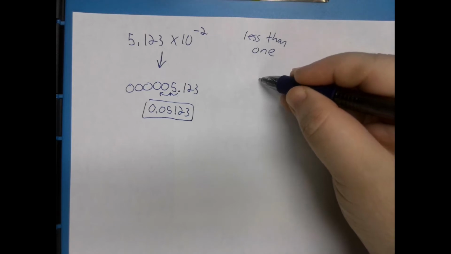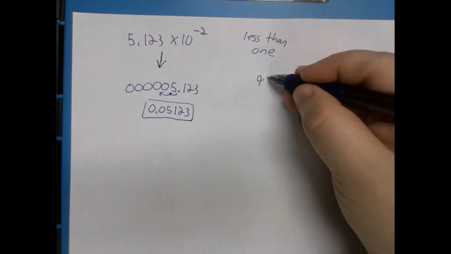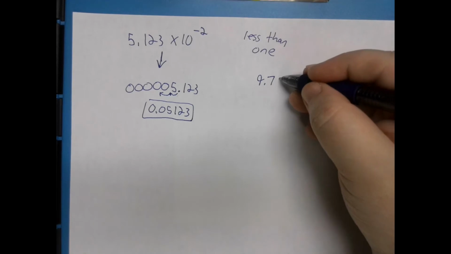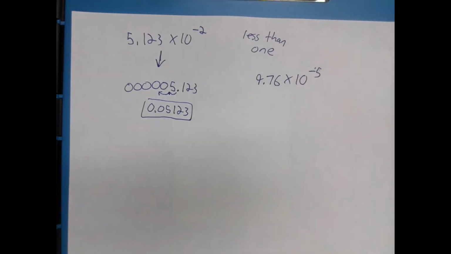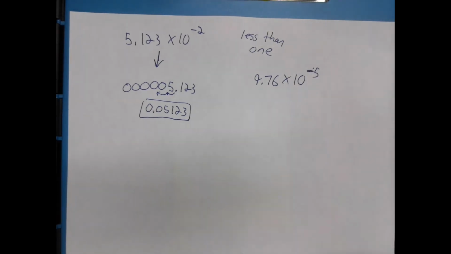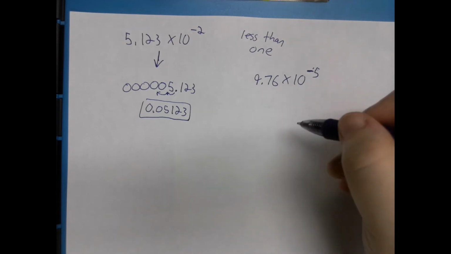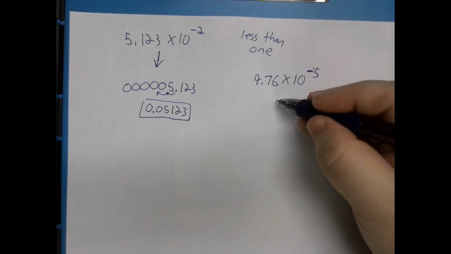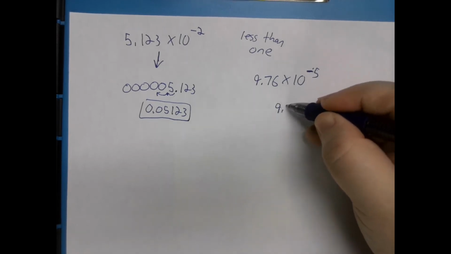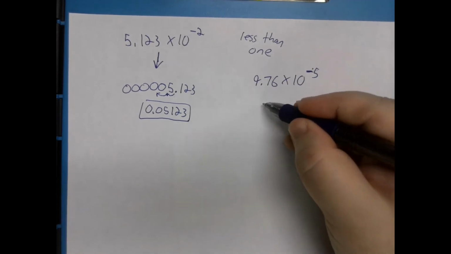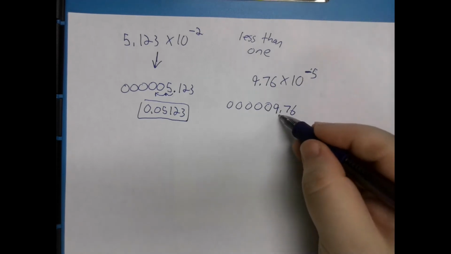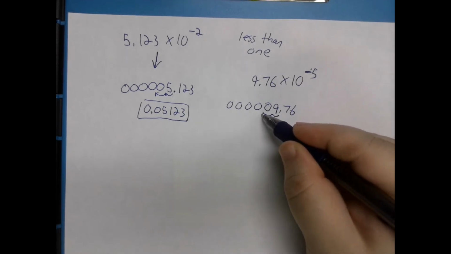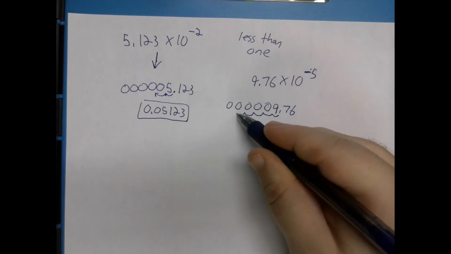So 9.76 times 10 to the negative 5. Again, it's negative, so I know it's going to be less than 1. I know this is going to be some really small number. So I would write 9.76 and pad a bunch of zeros. I'm going to move this over 1, 2, 3, 4, 5.